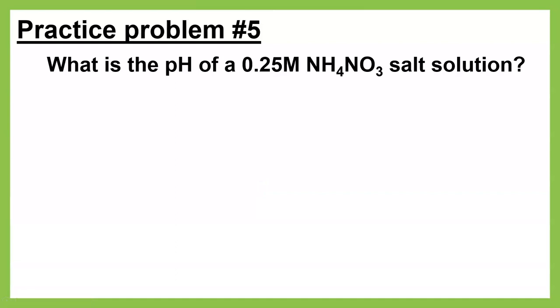What's the pH of a 0.25 molar ammonium nitrate salt solution? So step one, we need to first figure out if this is going to be acidic, basic, or neutral. Why don't you pause the video and figure that out? What type of salt will this be? All right. I have my ions.